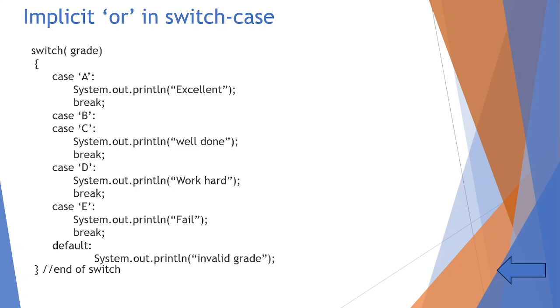So case B or case C, although we don't use any operator, it is implicitly understood, case B, case C, it is well done. In case of case D, work hard. In case of case E, fail. Default, invalid grade.